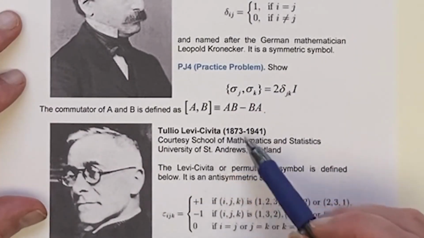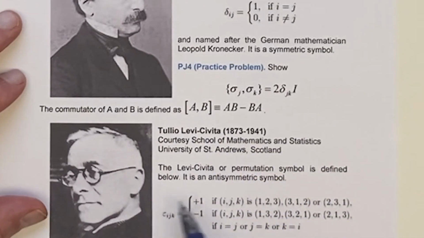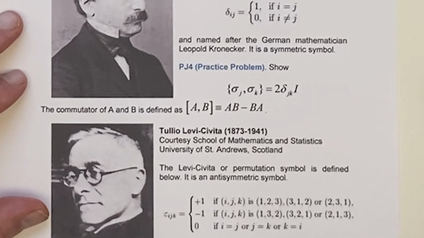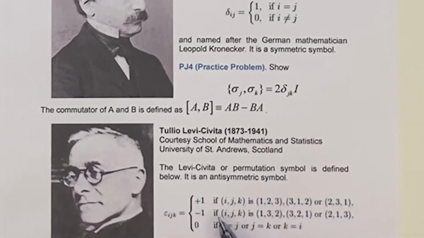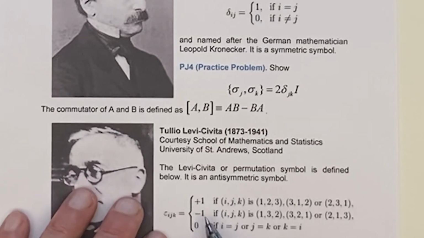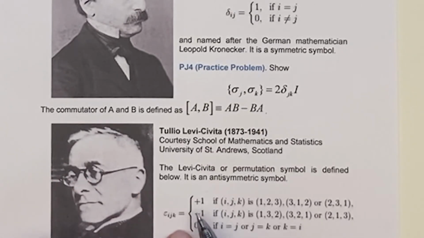And the Levi-Civita symbol is named after these individuals. That's called the permutation symbol. So if you hadn't seen this before, I wrote them all out for you. Not sure if you maybe saw that in a math class before.